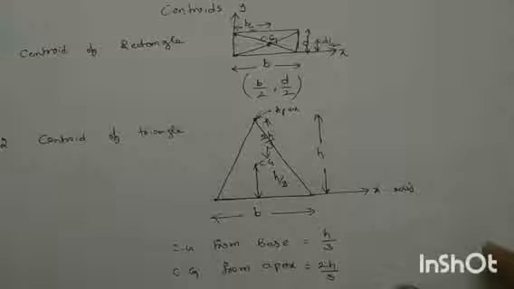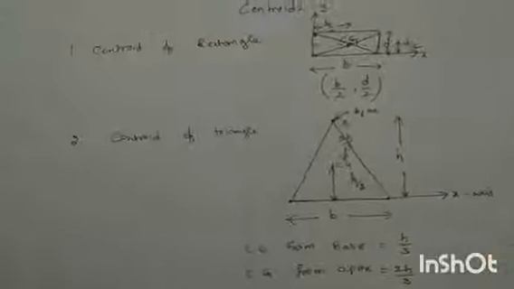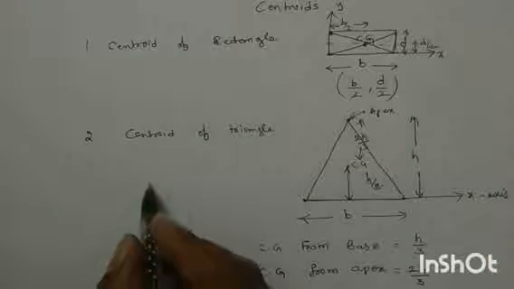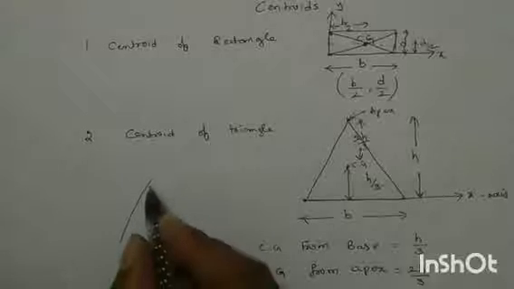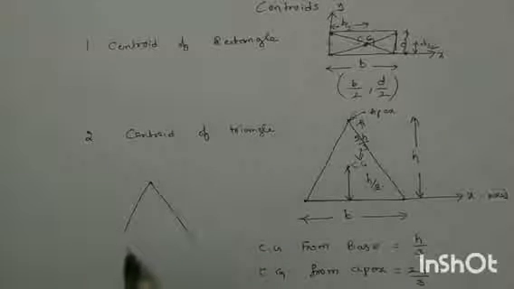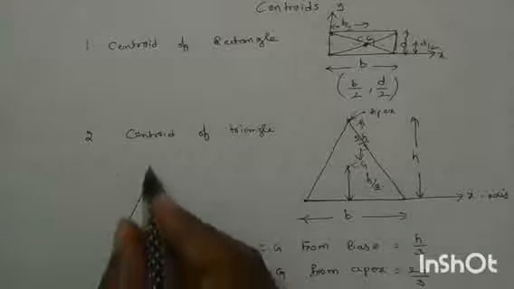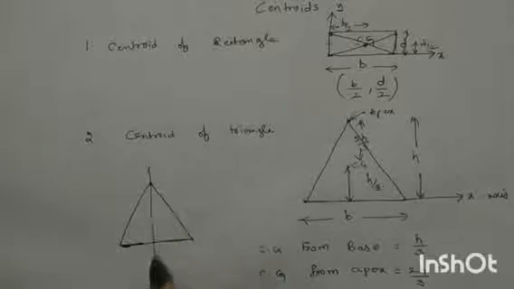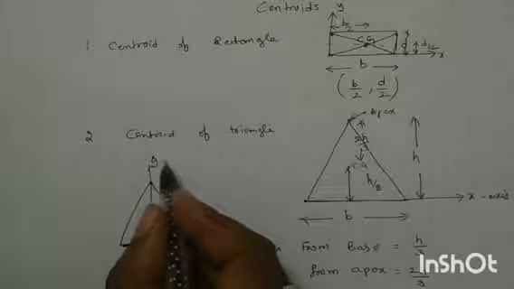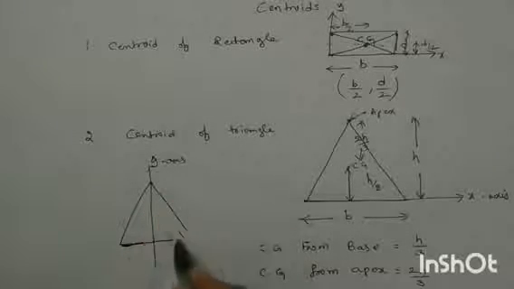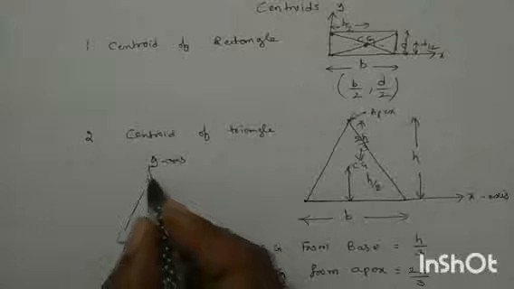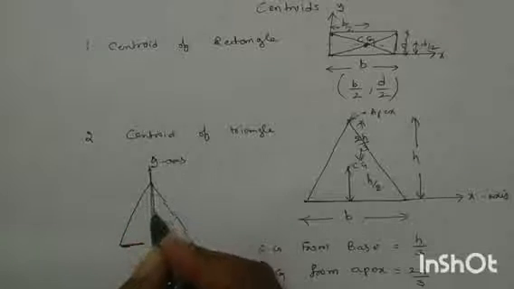Okay, and one more thing you need to remember, that the triangle, if it is a symmetric triangle, means if you observe that the triangle is symmetric about y-axis, right? This is the y-axis. If it is symmetric about y-axis, the centroid always lies on the symmetric axis.